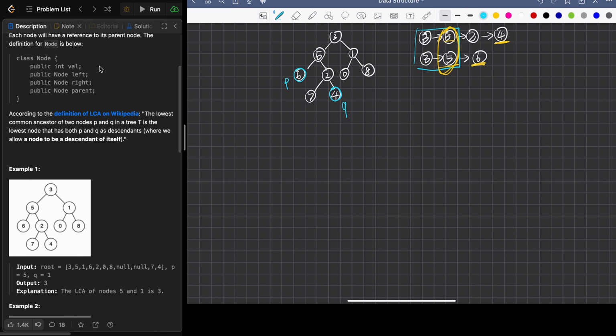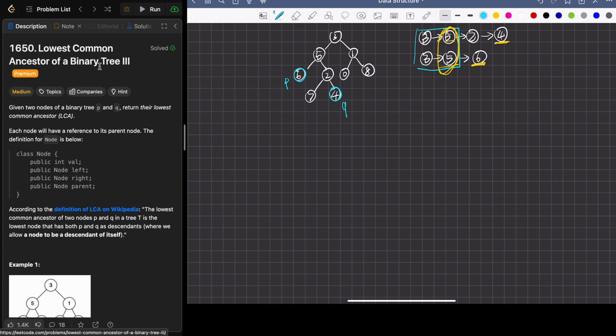If you have already done another problem, I remember there's a linked list problem that also wants us to find the intersection of two linked lists. And this problem can be converted to that problem. So if we have two linked lists and they have an intersection, first we have the linked list from this one, and another linked list is like this.